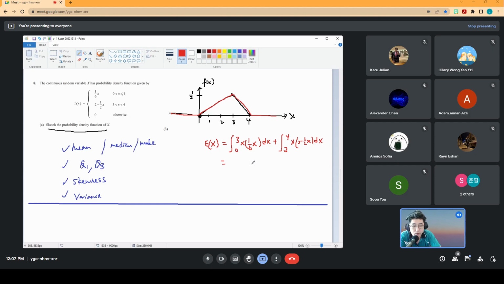So I have x squared over 6 from 0 to 3 plus integration of 2x minus 0.5x squared from 3 to 4, and you have 7/3, correct?